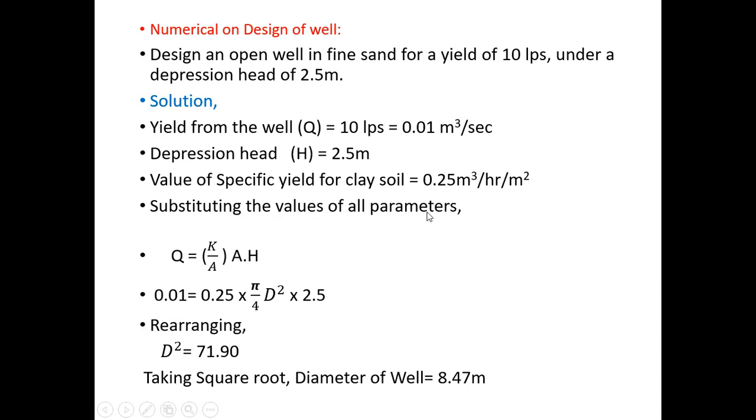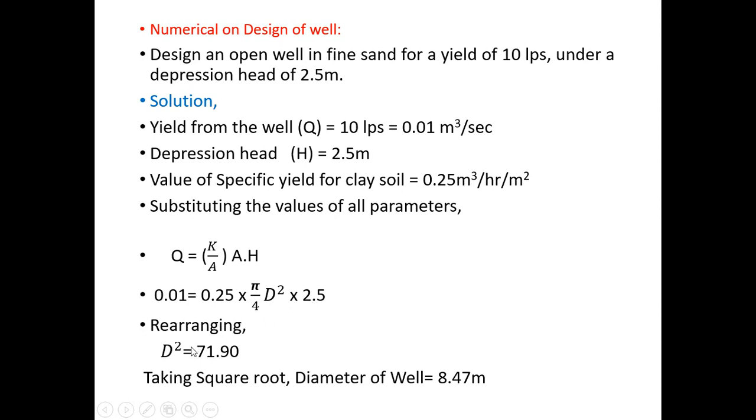Substituting the values of all parameters, we can find out discharge using the relationship in the recuperation test, Q equals K by A into H. So here Q is given, K by A is from the Marrowett table, A is the area, this is the relationship, and here we are supposed to find out the diameter of the well. H, the depression head, is also given.